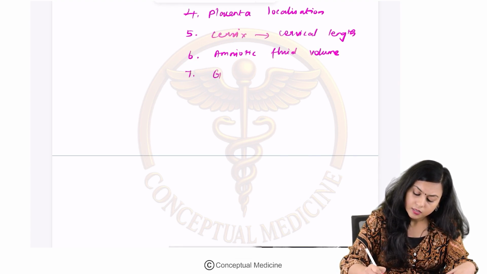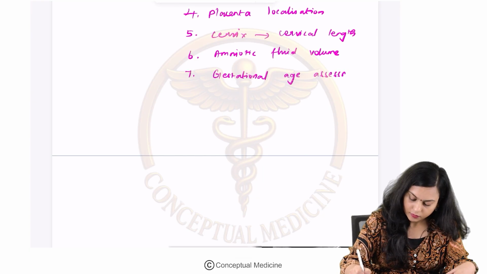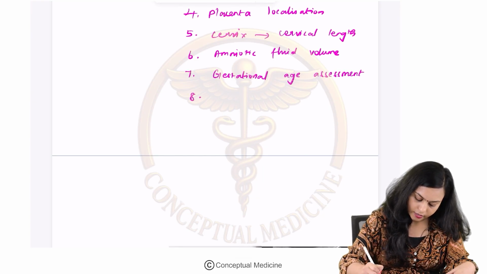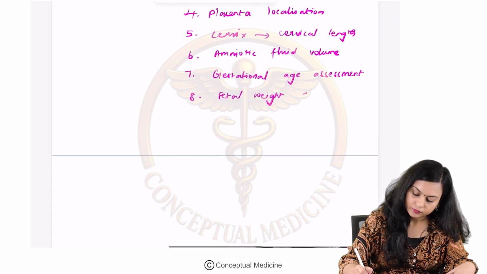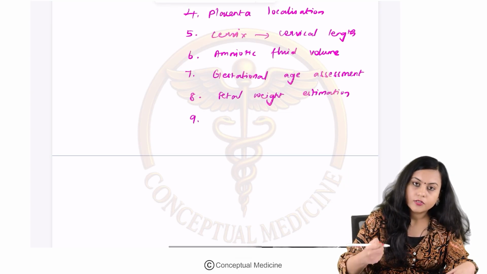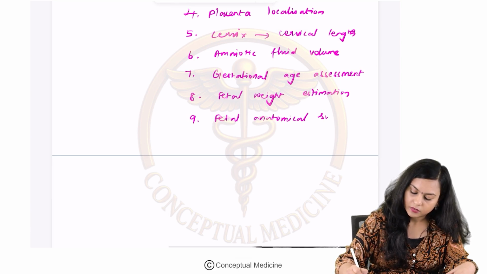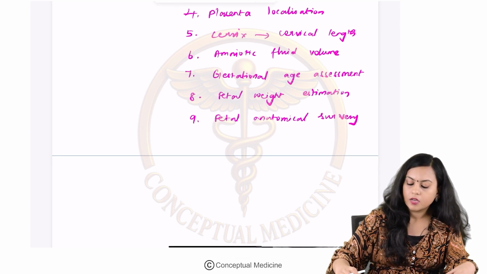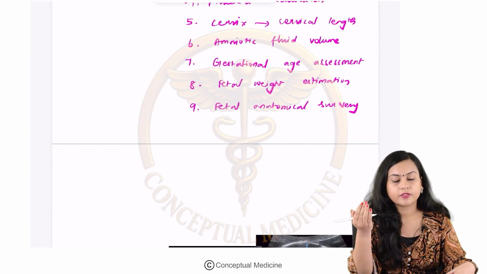Then definitely the gestational age assessment, and fetal weight estimation. And also the fetal anatomical survey, about the congenital anomalies. Even then, we are able to identify one or two congenital anomalies or aneuploidies in the first trimester.